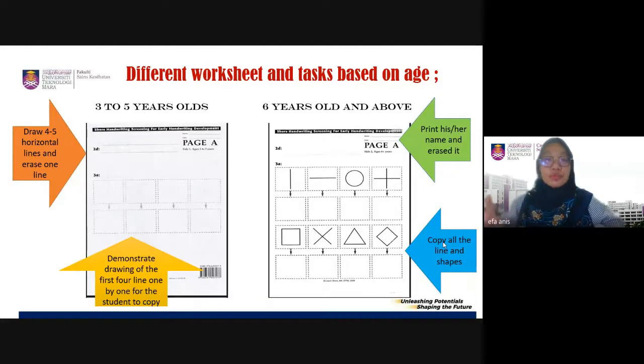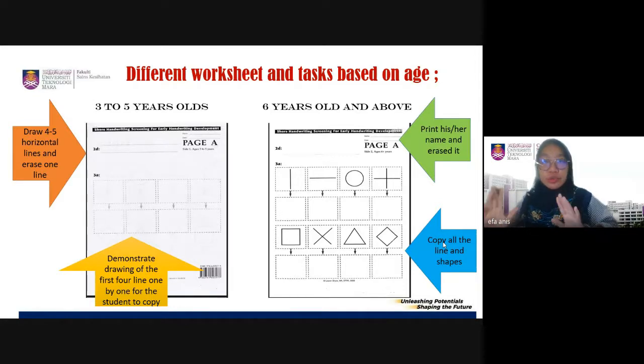Same for 6 years old and above, we ask them to print his name and erase a portion of it later. So, write your name. Okay, finished. Okay, try to erase it. Teacher wants to see, but not all. And also for 3A, page A side 1 and page A side 2, this is both for pre-writing, as I mentioned before.